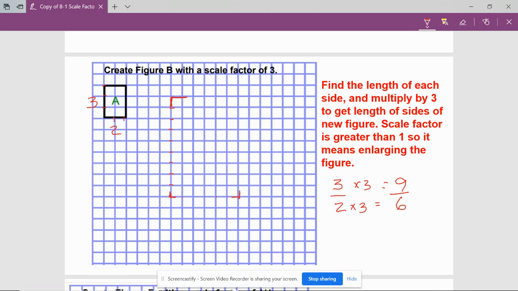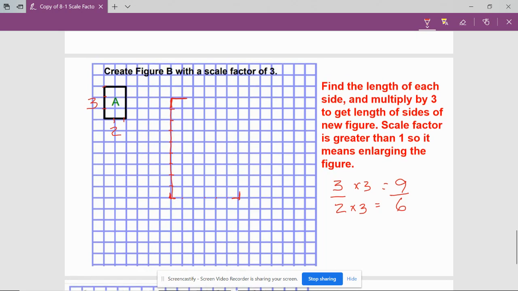Okay, so then if we draw that, okay, this is figure B. And that's what it should look like. This side should be 9, and this side should be 6. Okay, so hopefully that makes sense.